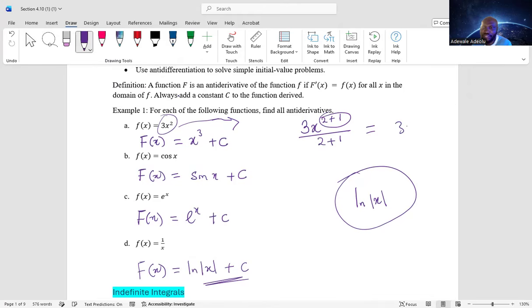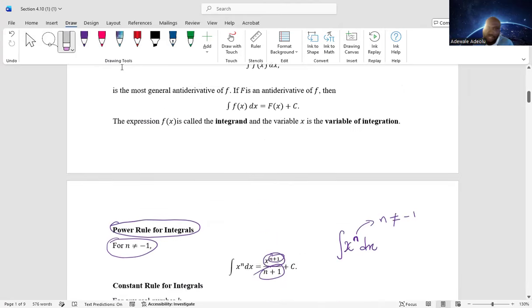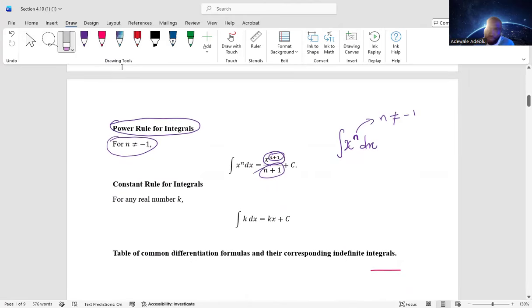So that is 3x raised to power 3 divided by 3. The 3s cancel, and you have x raised to power 3. That was what you were doing internally, so we just made it a rule. We call it the power rule, which says just add 1 to the power, then divide everything by that new power. And like we said, you need to add C, the constant of integration.